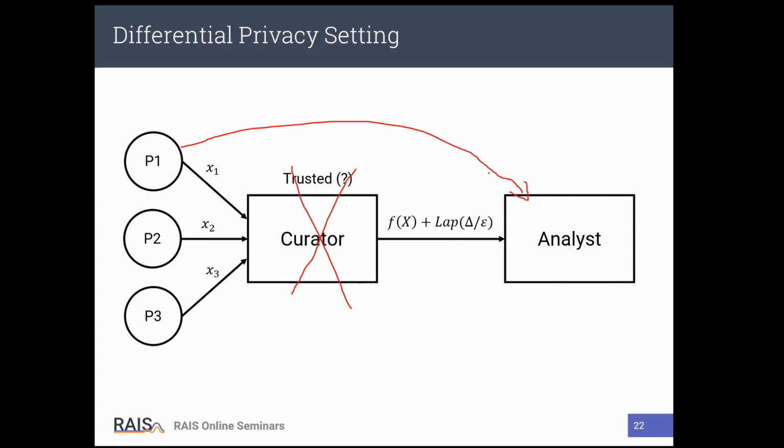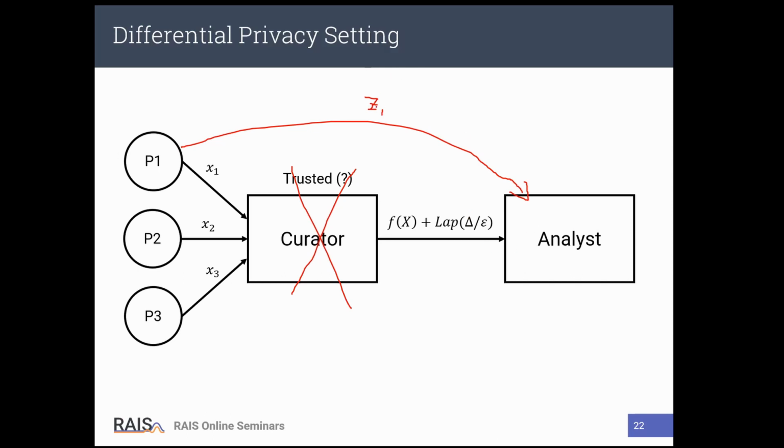But of course, this something cannot be your original data, because otherwise you have killed the whole point of differential privacy. What you need to do is send a noisy version of the data, and the noise must be applied in a way that still allows the analyst to compute some query.